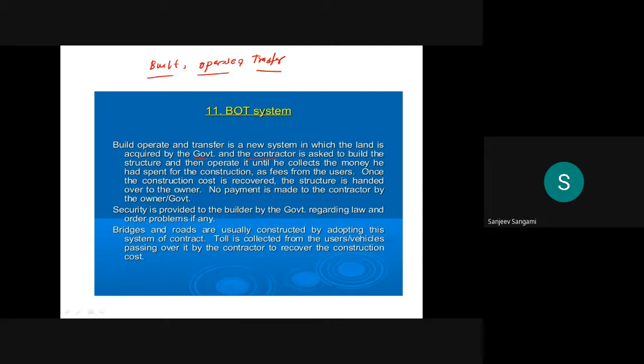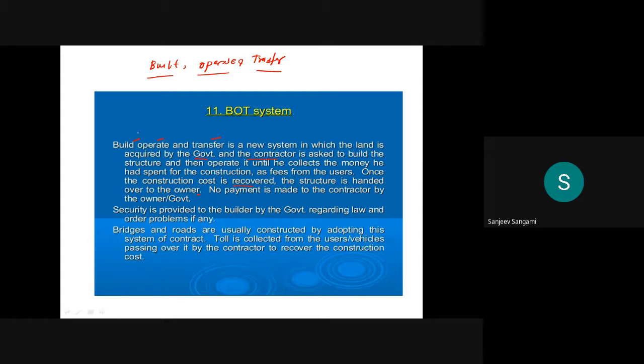Once the construction cost is recovered, the structure is handed over to the owner. No payment is made to the contractor by the owner or the government.